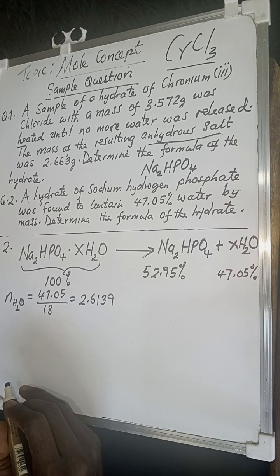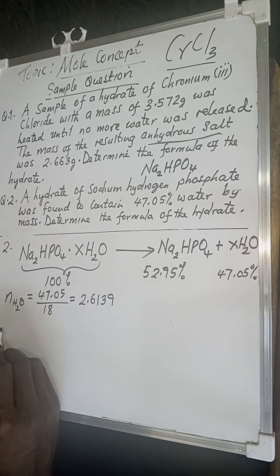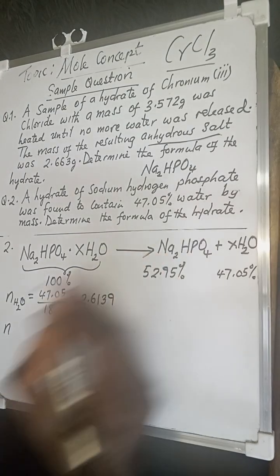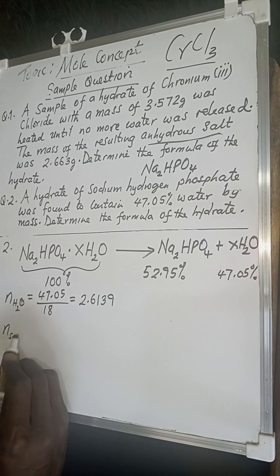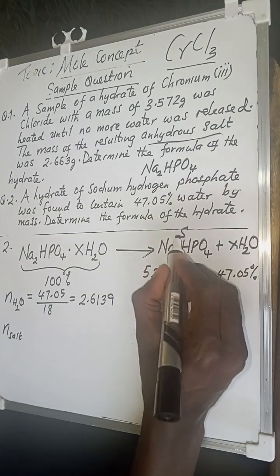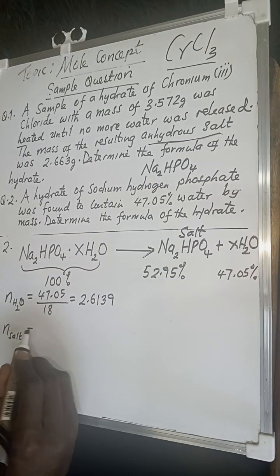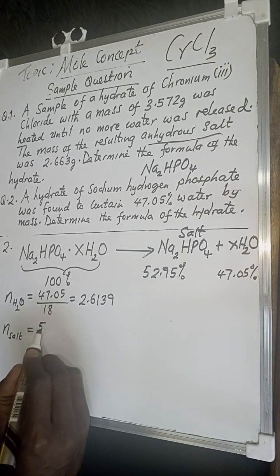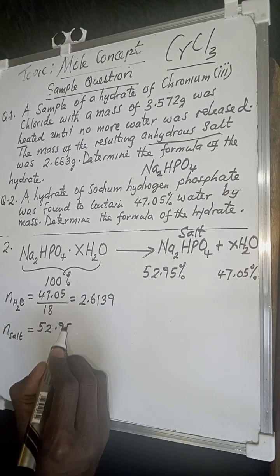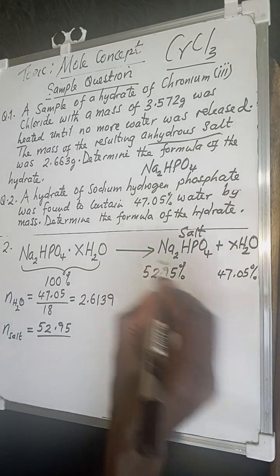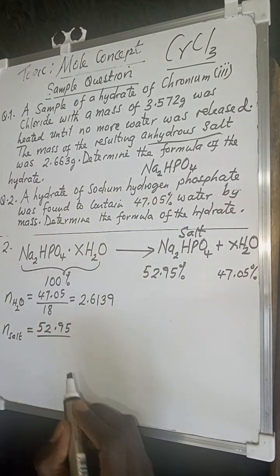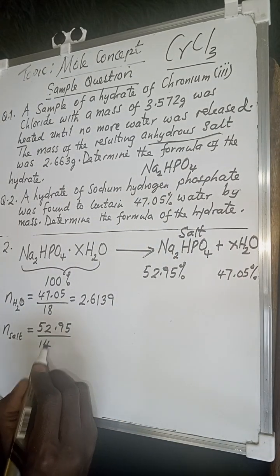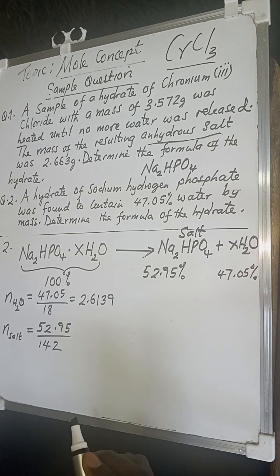You also do the same in this case by finding the number of moles of the salt. So this is the salt we are talking about. What's the percentage? It is simply 52.95%. You divide by the molar mass. If you calculate the molar mass of that compound, it is going to give you 142.